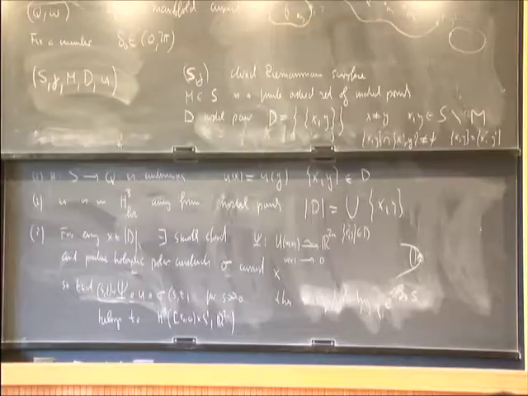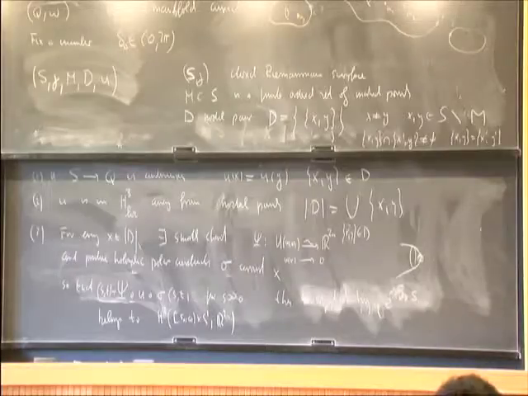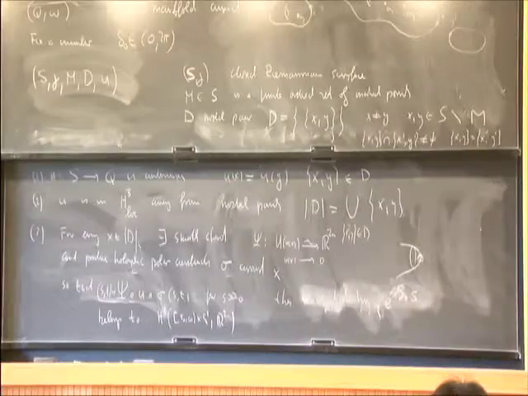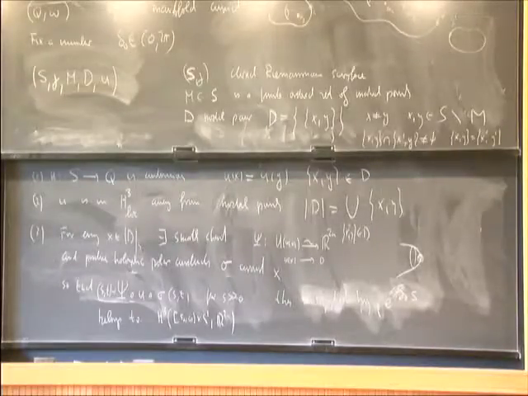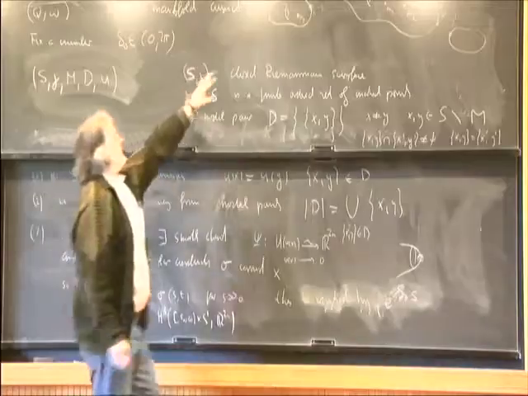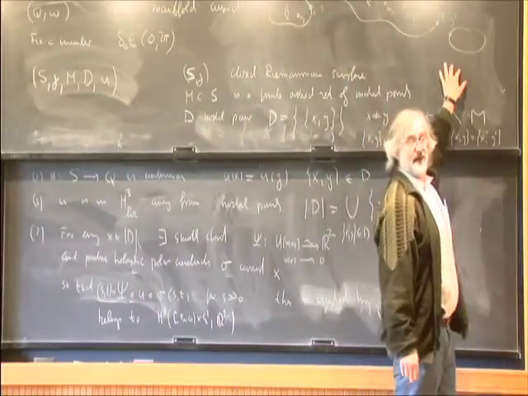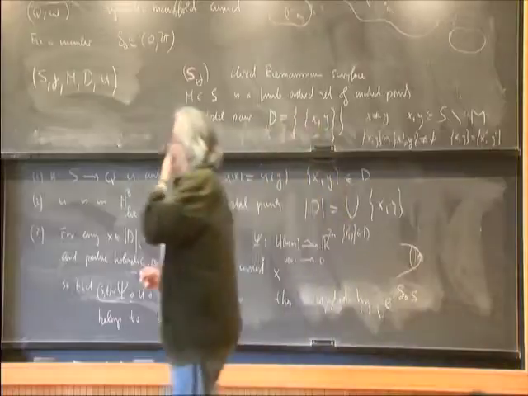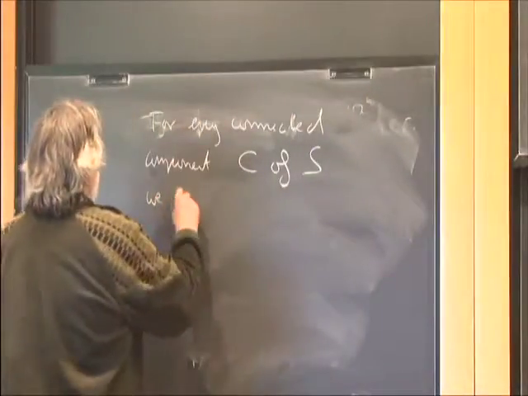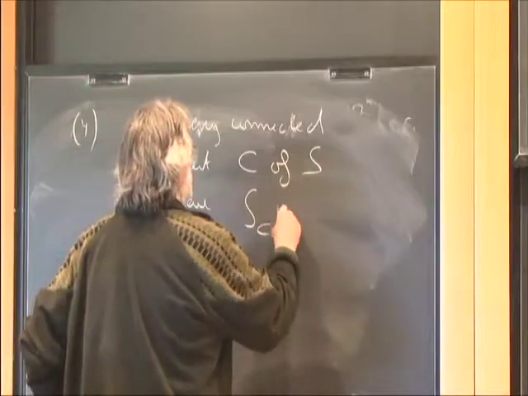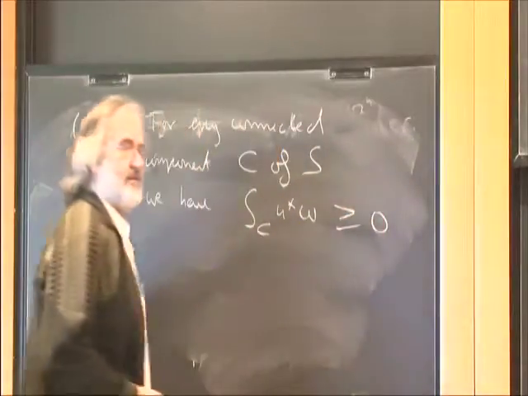So then there's a fourth property. The property is the following. So for every connected component C of S, so this would be a connected component, in this example I have 3. For every connected component C of S, we have the integral over C of U star of omega is greater or equal to 0.